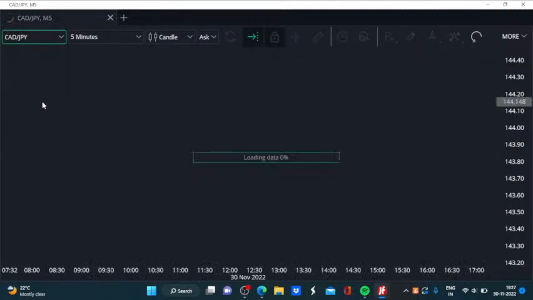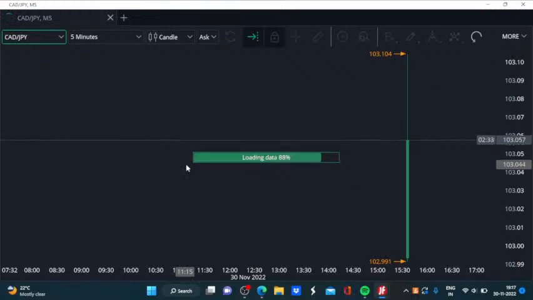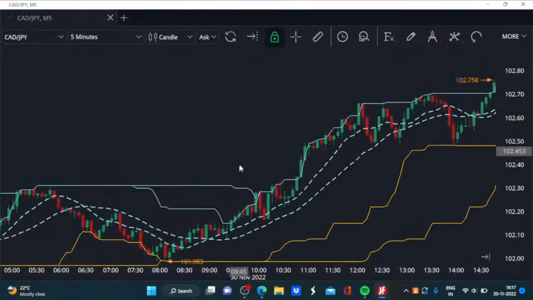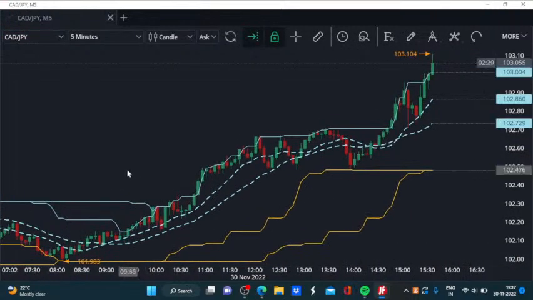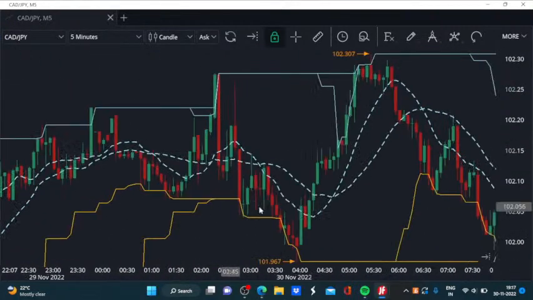Here we have the CAD JPY. It's taking a little bit of time. As expected, the CAD JPY has gained quite a lot of ground for the day.